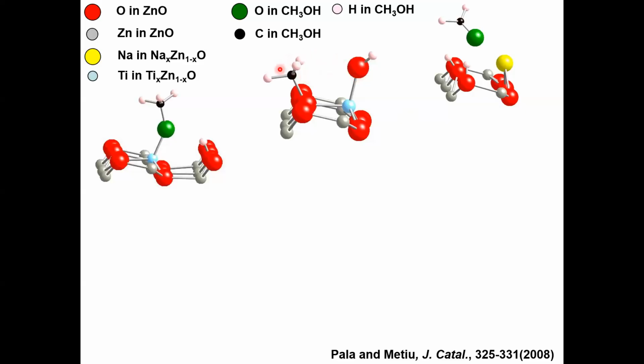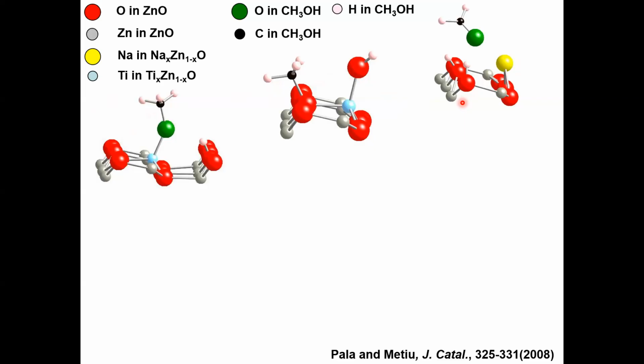That pathway is probably occurring in this. Or the third pathway, where methanol is forming formaldehyde, occurs via this pathway. So what's the question I'm asking? If I have a dopant, how would the dopant modulate my reaction pathway? Would it facilitate this pathway or this pathway or this pathway? That's the question we asked.